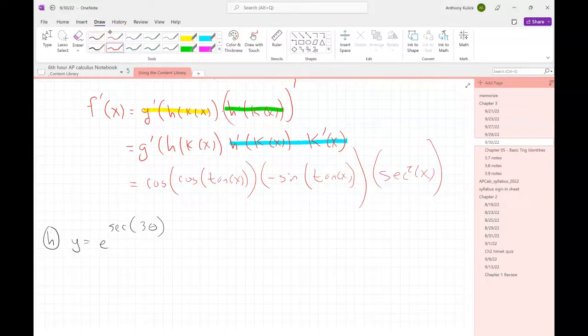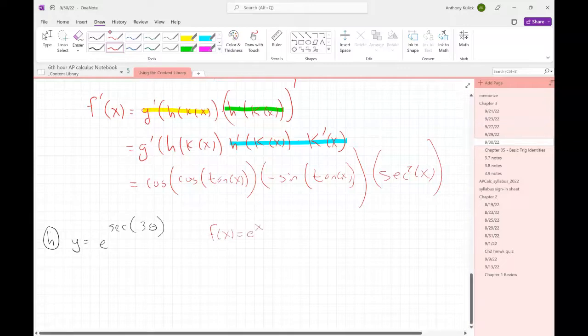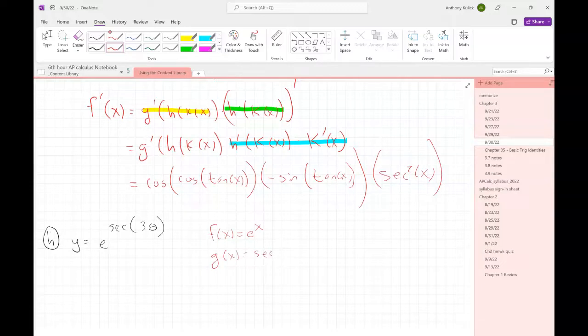Okay. What do you guys see here? Yeah, two chains, right? So f of x is e to the x. g of x is secant of x.